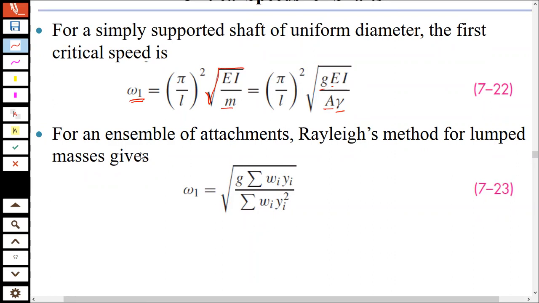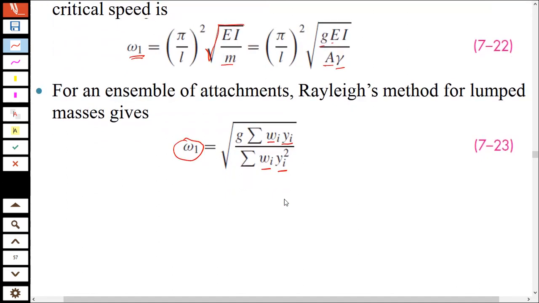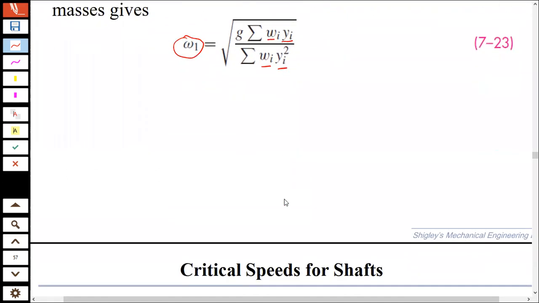For an ensemble of attachments, there is Rayleigh's method for lumped mass, and with that formula, your omega 1 is square root of g times the sum of Wi yi over the sum of Wi yi square, where we will describe these.